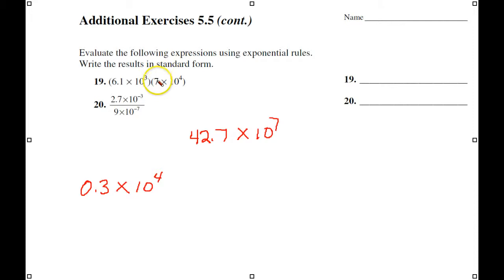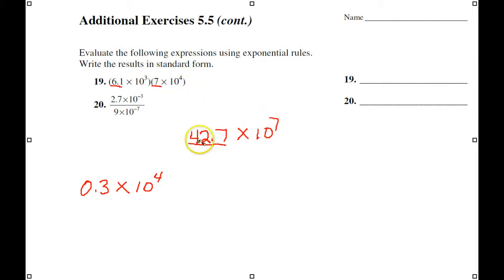Now in this last part, they're asking us to use exponential rules to put our results in standard form. So we're going to multiply this by this and get this. And we are just going to add our exponents and get that.